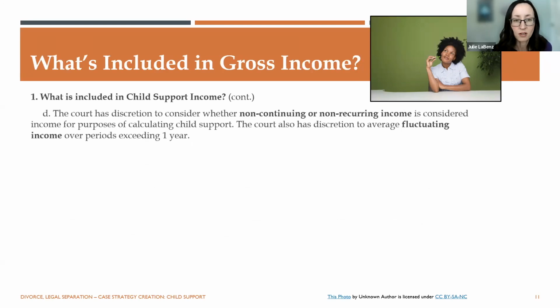All right, more on what's included in gross income. The court has discretion as to whether or not to consider non-continuing or non-recurring income. The court also has discretion to average fluctuating income over periods exceeding 1 year.